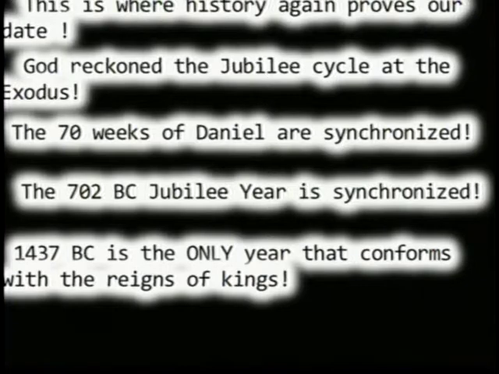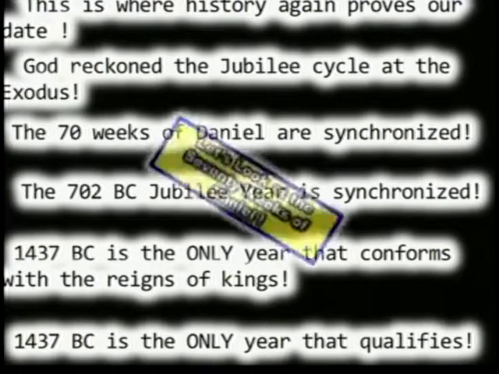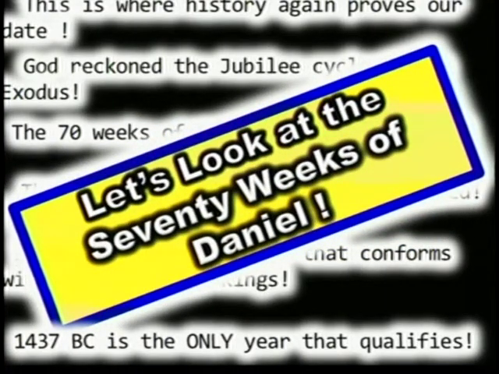And 1437 BC is the only year that conforms with the reigns of kings. And we have that study. It's another study that if you care to see, during Q&A we can see that. 1437 BC becomes the only year that qualifies for the date of the Exodus. So let's look at the 70 weeks of Daniel.